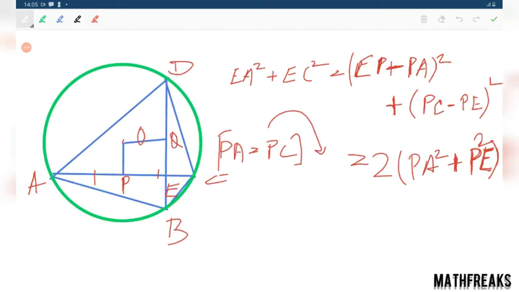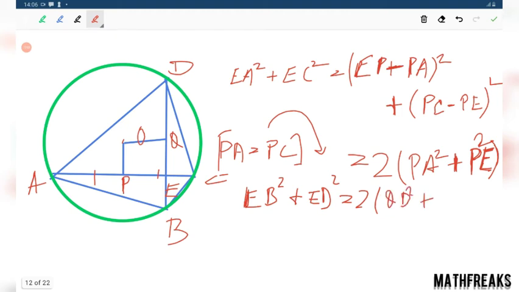Similarly, we have to find out the value of EB square plus ED square. You will get 2 times QD square plus QE square.